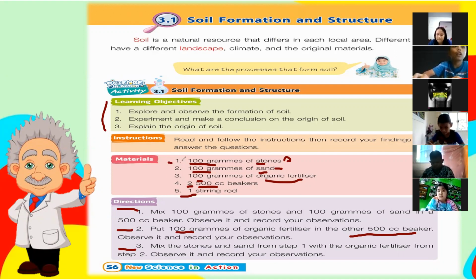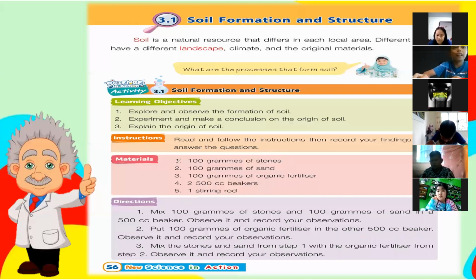First material, we require 100 grams of stones. Second material, we require 100 grams of sand. Third, we require 100 grams of organic fertilizer. And fourth, we require two 500 cc beakers, right?